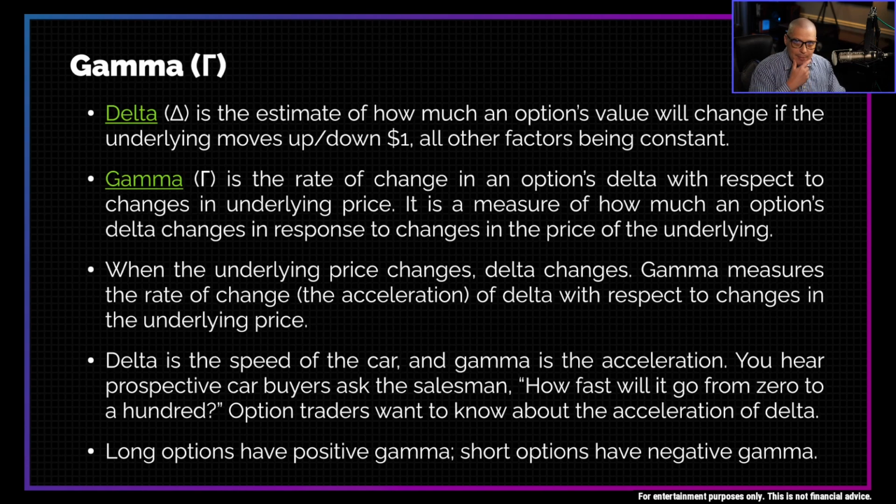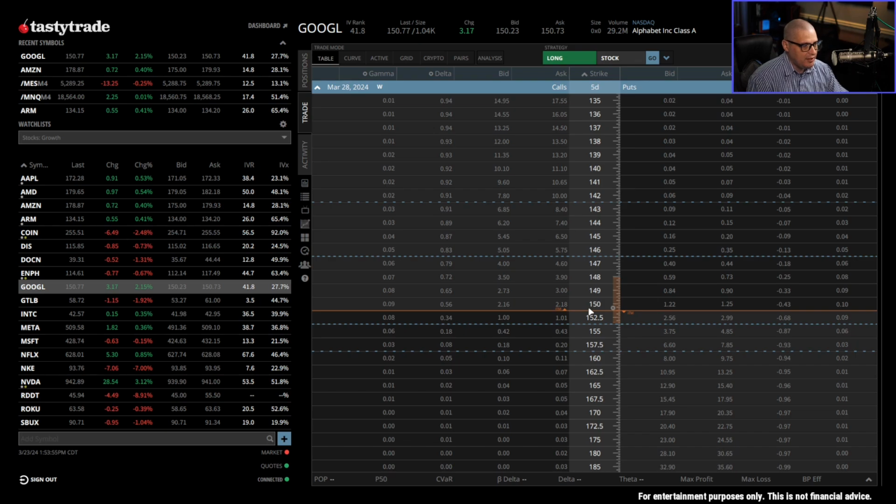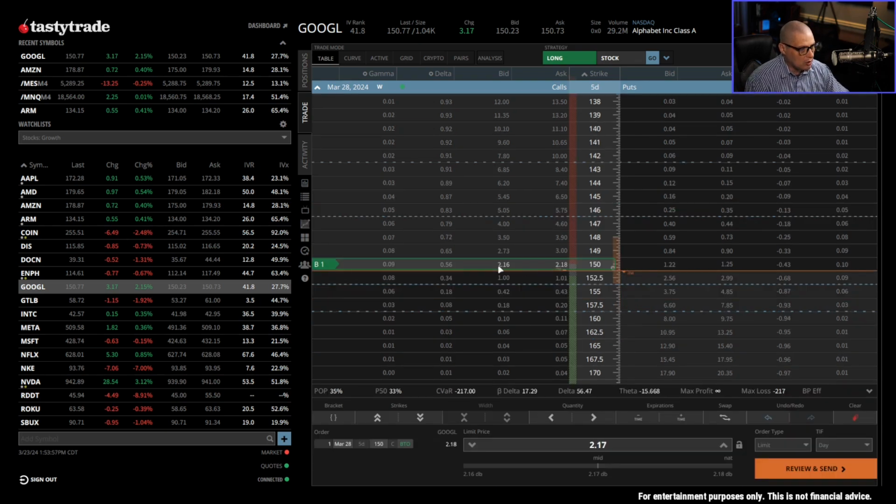One way I like to think of gamma is gamma is almost like the next level of delta. So if I go back to the options chain here, what I'm talking about on that same long call is, right now my delta is 56. If Google moves from 150 to 151 in price, but what if it goes from 151 to 152?